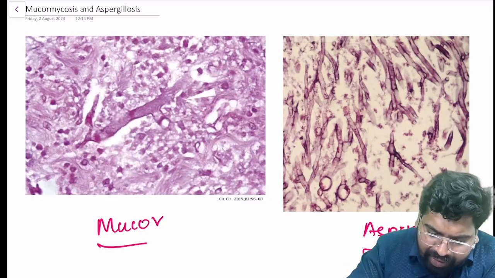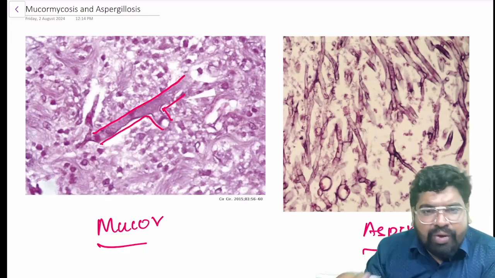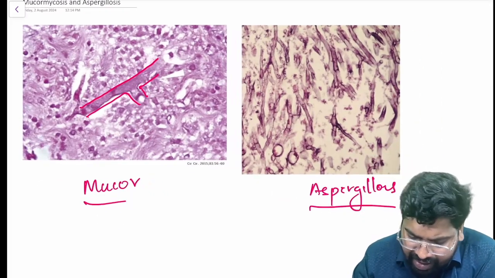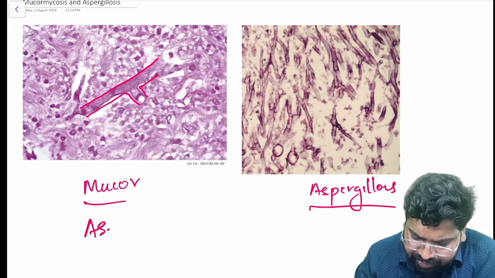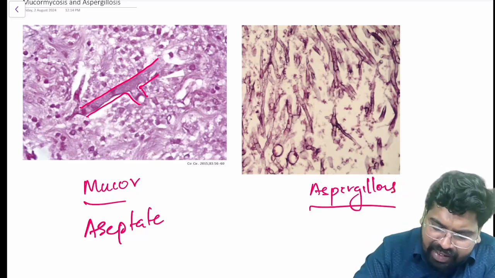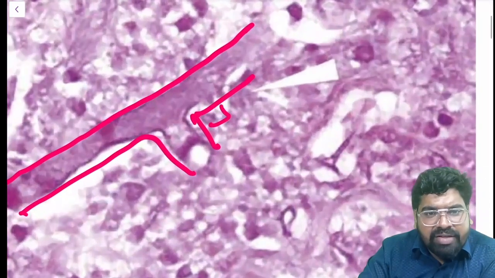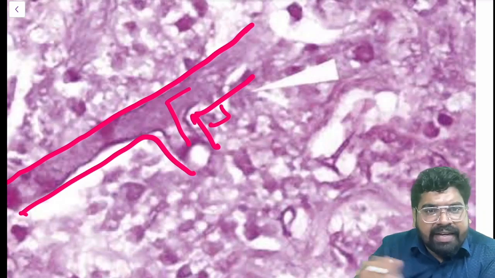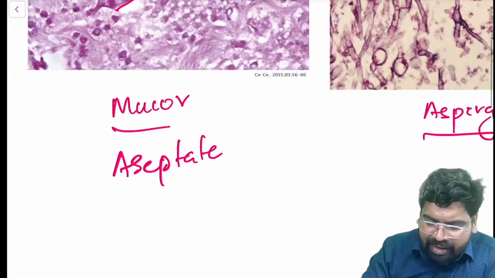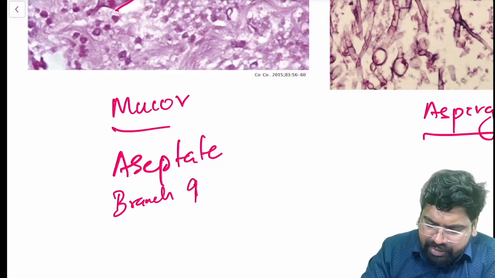You can see that the mucor is aseptate, which means it is not divided into septa, and the branches are at 90 degrees. Can you see this image? That is the peculiarity of mucor: it is aseptate and branches at 90 degrees.